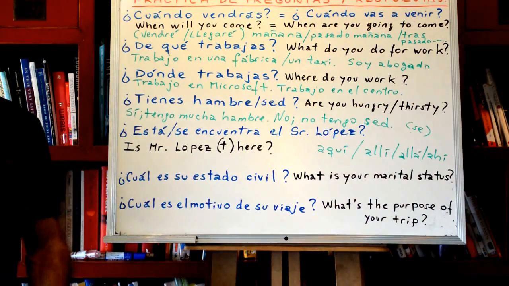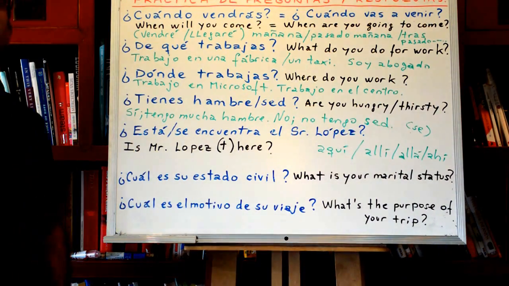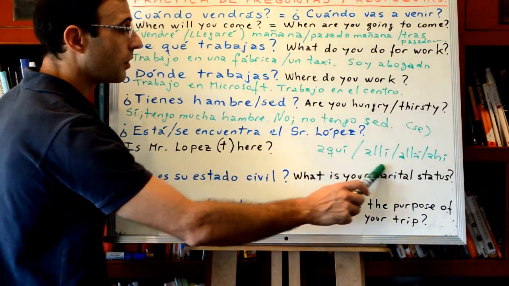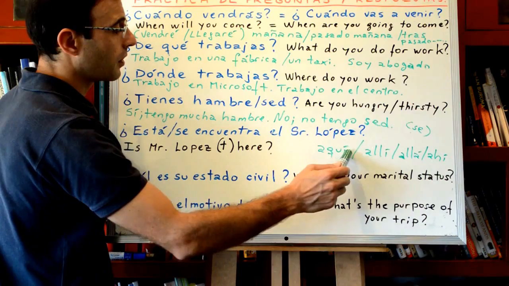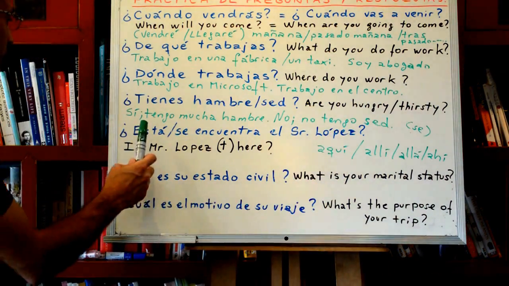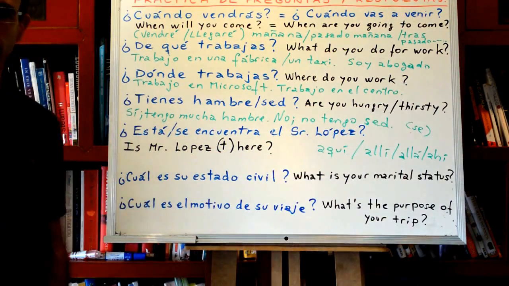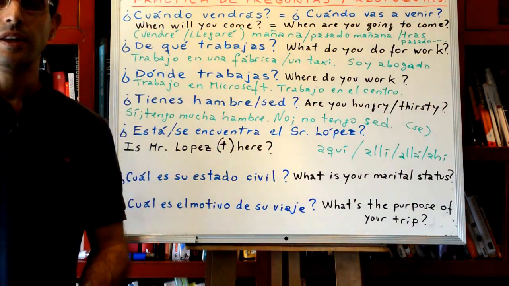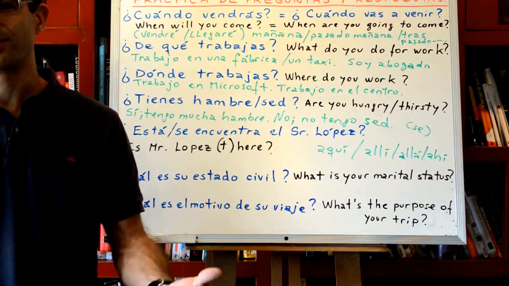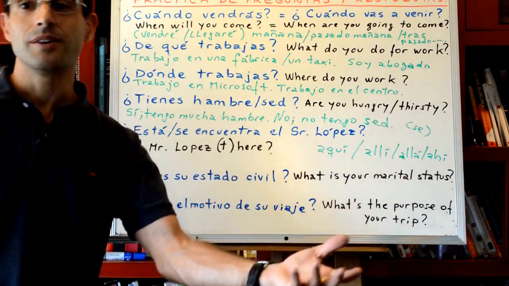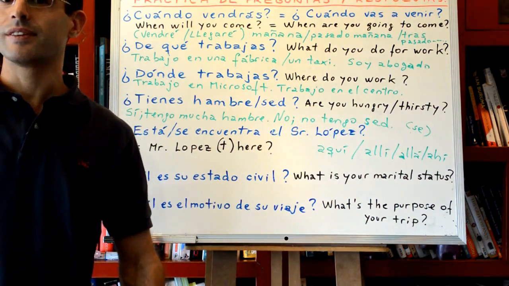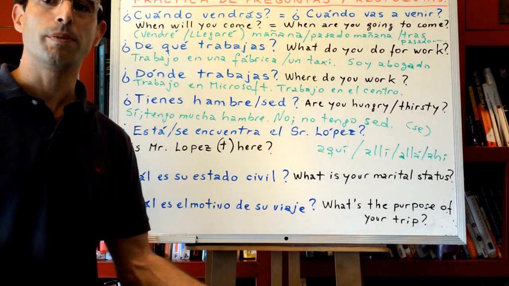However, more frequently than not, we do not include the location reference, okay? So we simply say, ¿está el señor López? Depending on the context, it's understood whether we mean there or here, right? So if I'm talking to somebody that is somewhere else, and they say, ¿está el señor López?